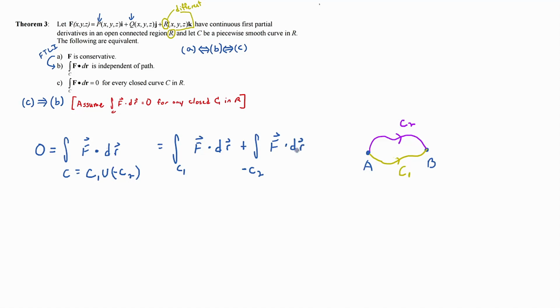You can think of the integral over negative C2 of f dot dr as the opposite of the integral over C2. And that's going to be the heart of the so-called proof here. It's not really a formal proof. We'll just call it something to make you believe it. Does everybody see what I did there? Everybody okay with that step?